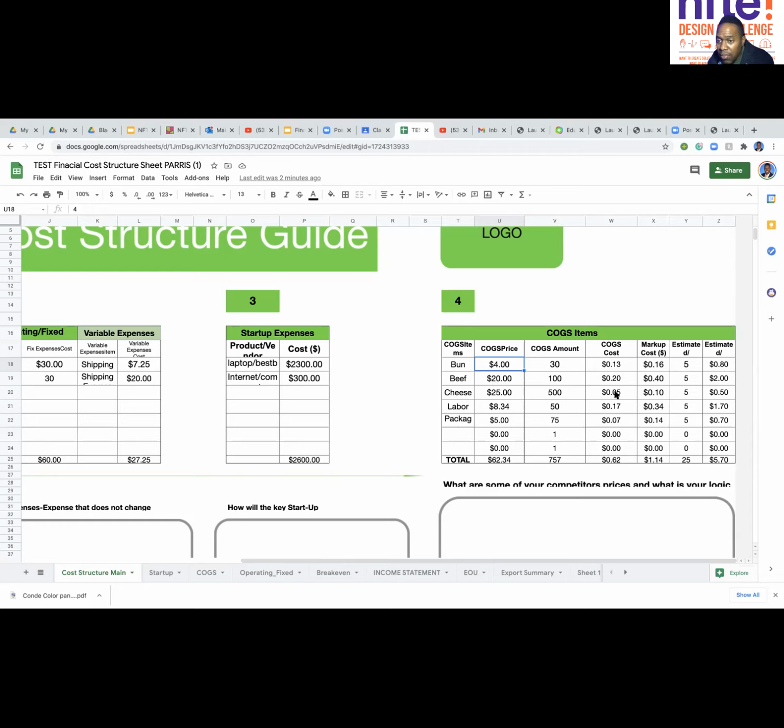The same concept. That cheese costs 5 cents per unit, per slice. Okay. Labor, same thing. So this right here is good just in case your kids have a business that deals with different items and stuff. You can always use this chart to break it down and dive deeper into the costs.